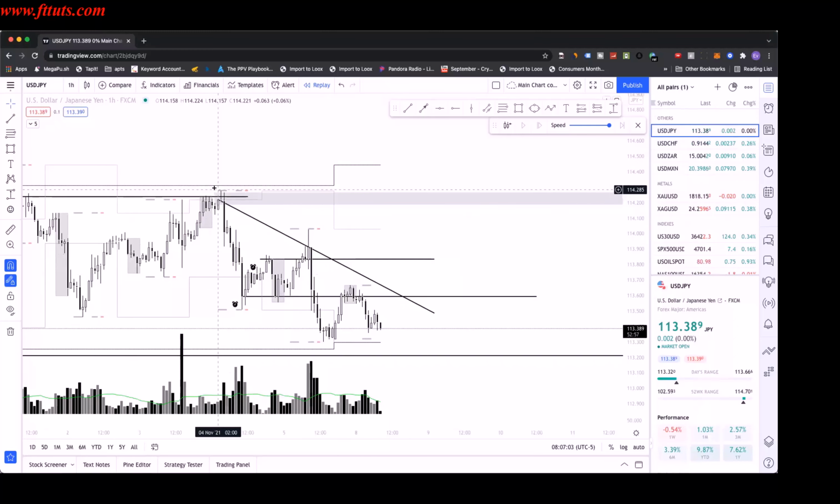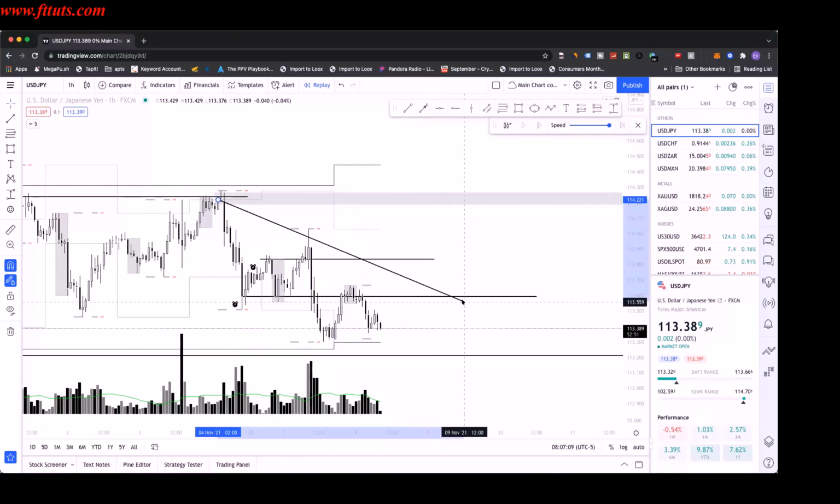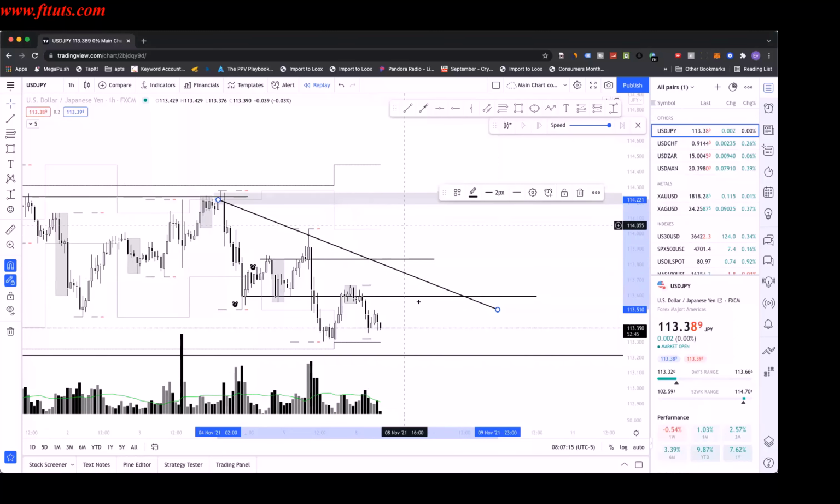Right here. Tap 1, tap 2, and then we're looking for this QM level here, possibly something like this, maybe around this area where we get that third tap and then sell. Because we have high, low, higher high, lower low.